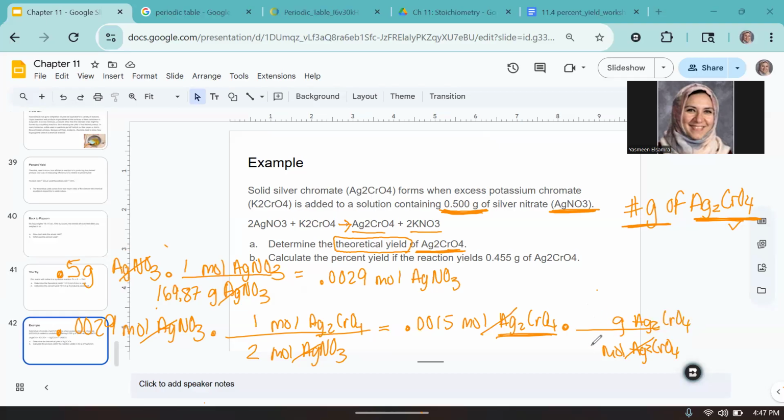That means this is molar mass. Ag is 107.87, so 2 times that, plus Cr is 52, plus 4 times 16 gives me a total of 331.74.